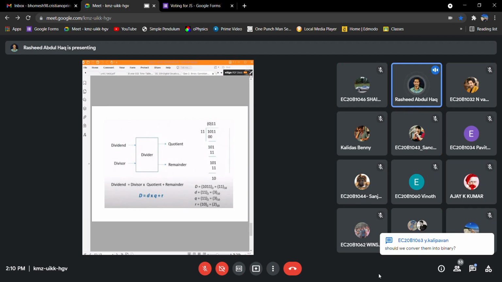If you want, you can do that exercise also. You convert 556 to binary and 11 to binary and try to divide them. That will be a good exercise. If anyone has any doubt, please ask.